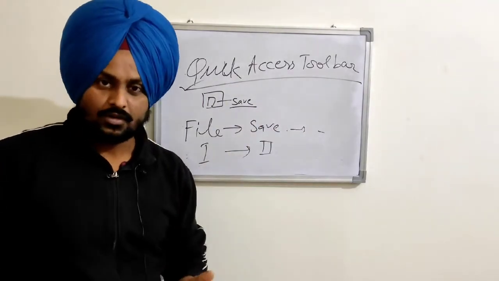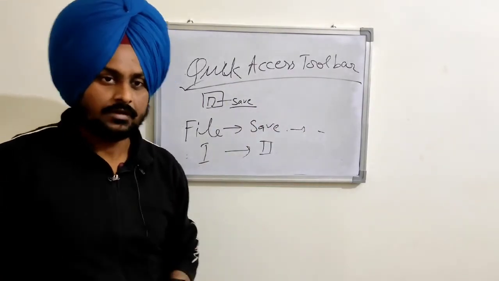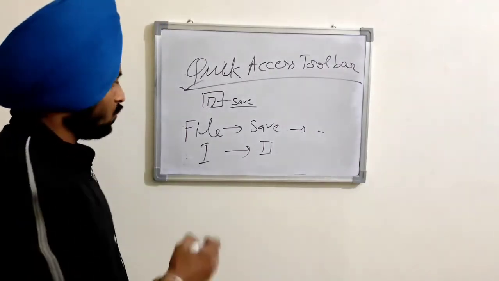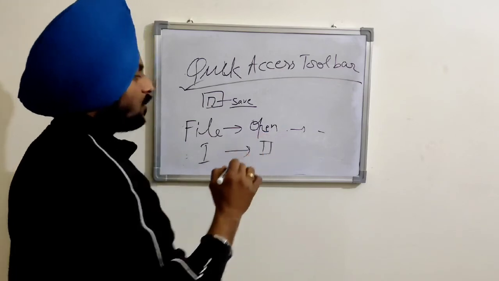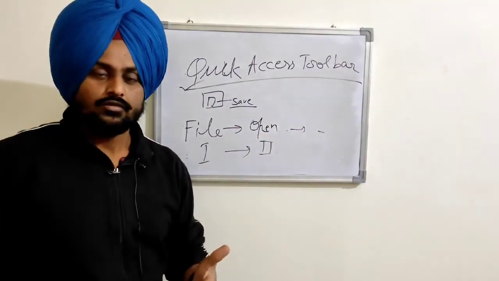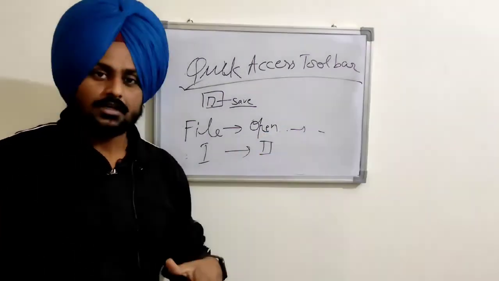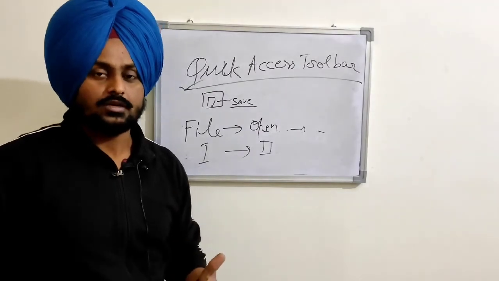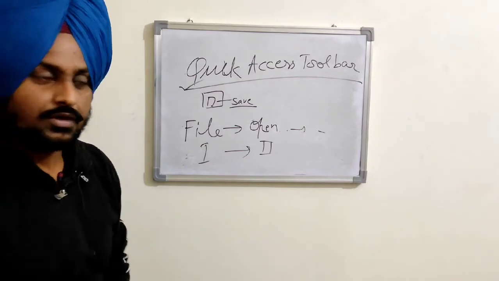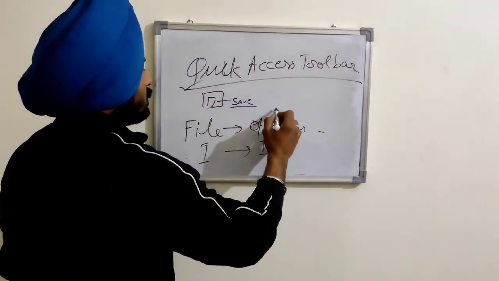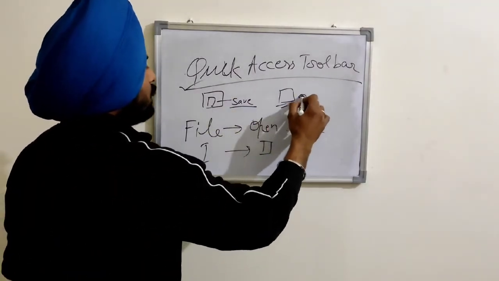Like that, if you want to open a file that you have already saved, there are also two ways. You can go to the file tab and there is an open option. From there you can open. But if you want to open it quickly, we can use the quick access toolbar. Here at the top left corner of the window, you will find the open button.